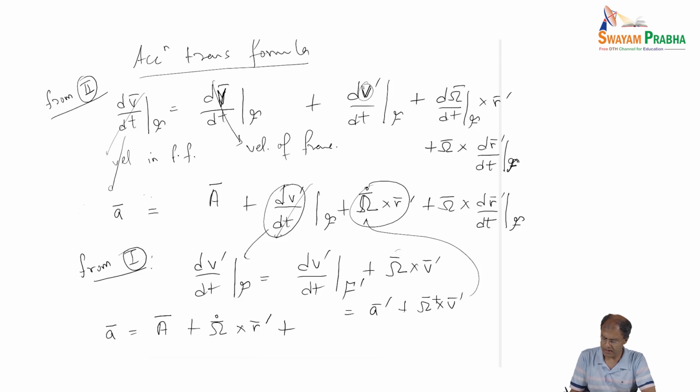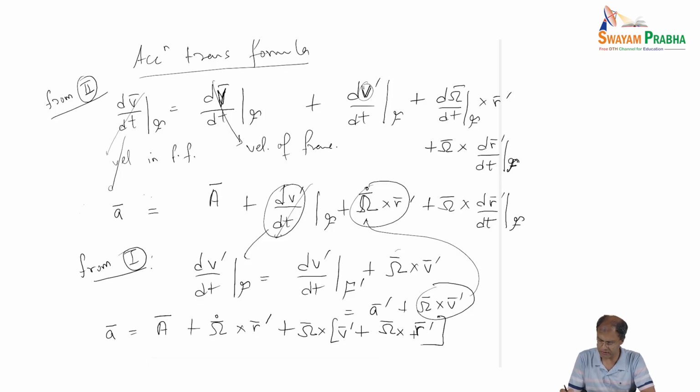Here we have omega cross v, plus omega cross v prime, and then omega cross r prime.